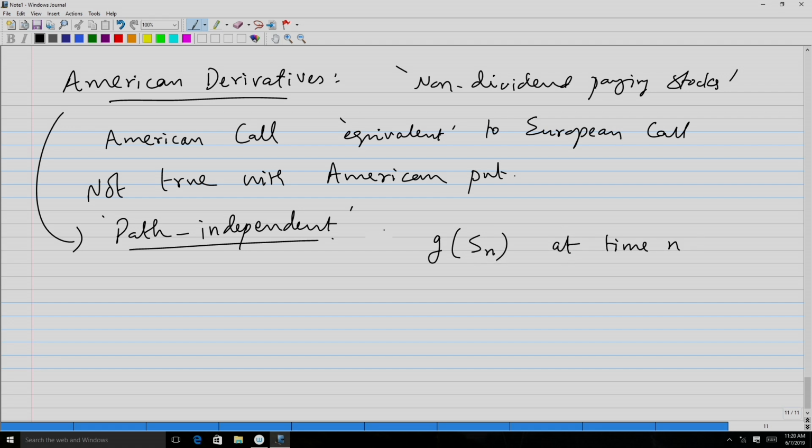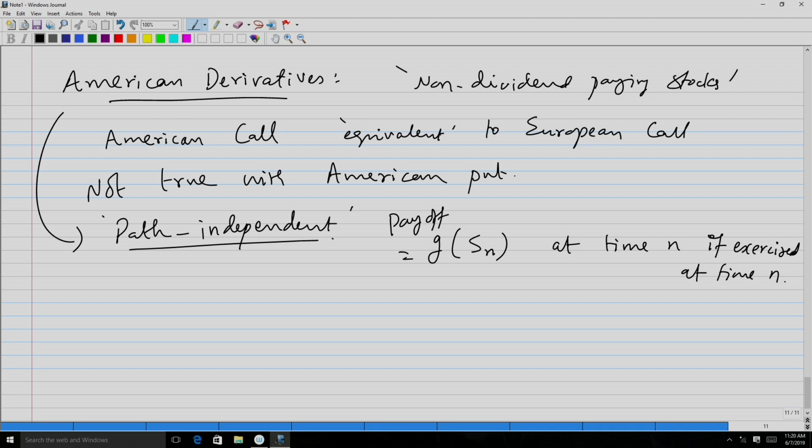This means the payoff is g of S_n if exercised at time n, where n could be any time between 0 and capital N in the binomial setup. So, you have a path independent option.